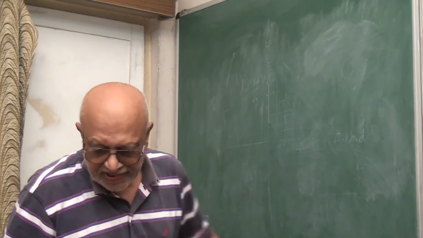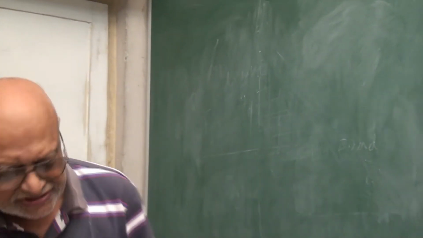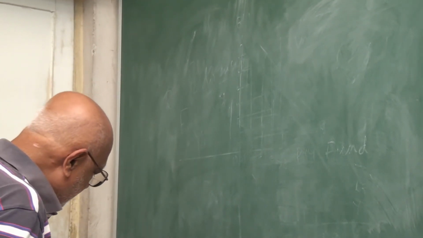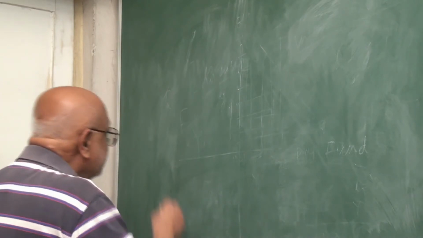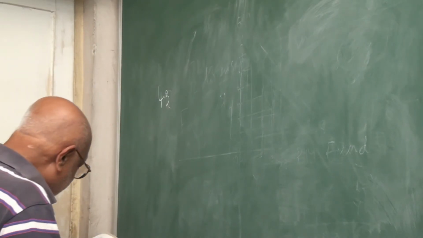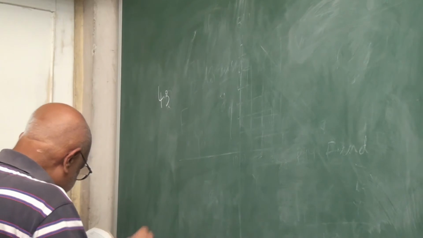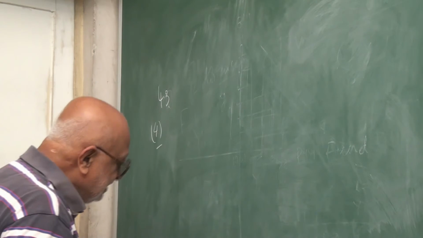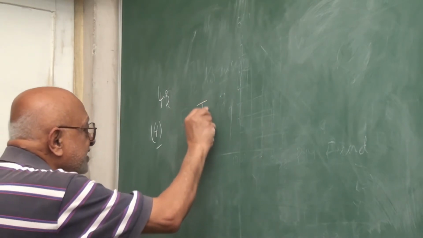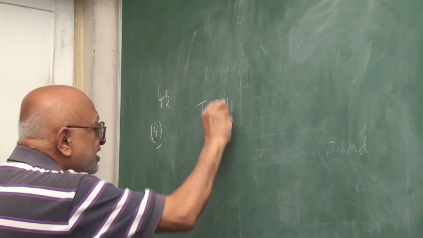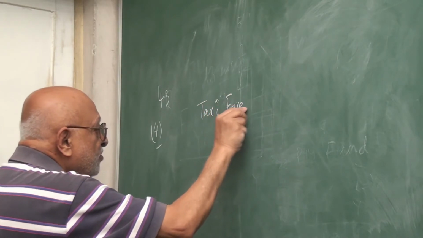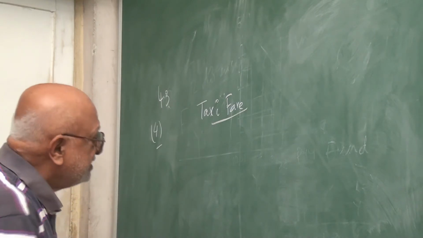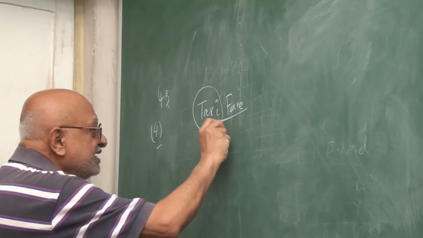we will take up another equation which is also very, very interesting. This is again exercise 4.3 and this is question number 4. They are talking about a taxi fare. You can say any taxi, a 3-wheeler, anything, there is a taxi fare in a city.